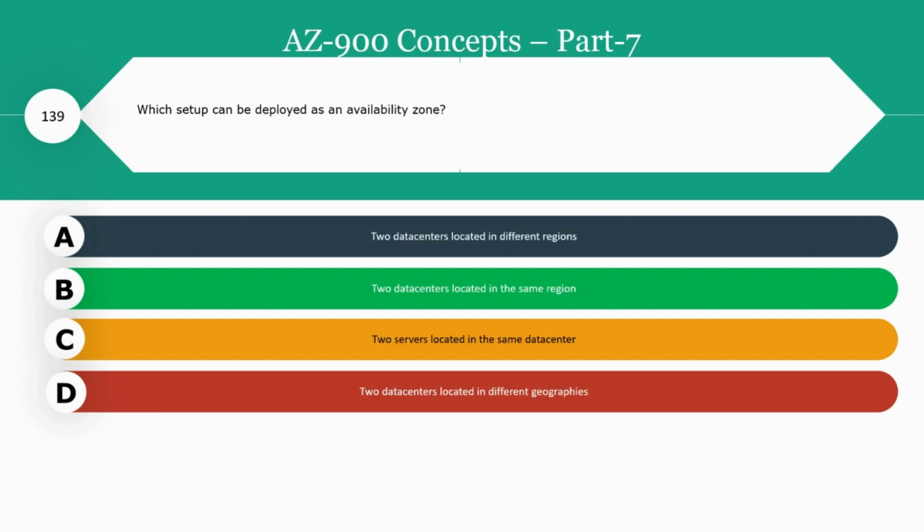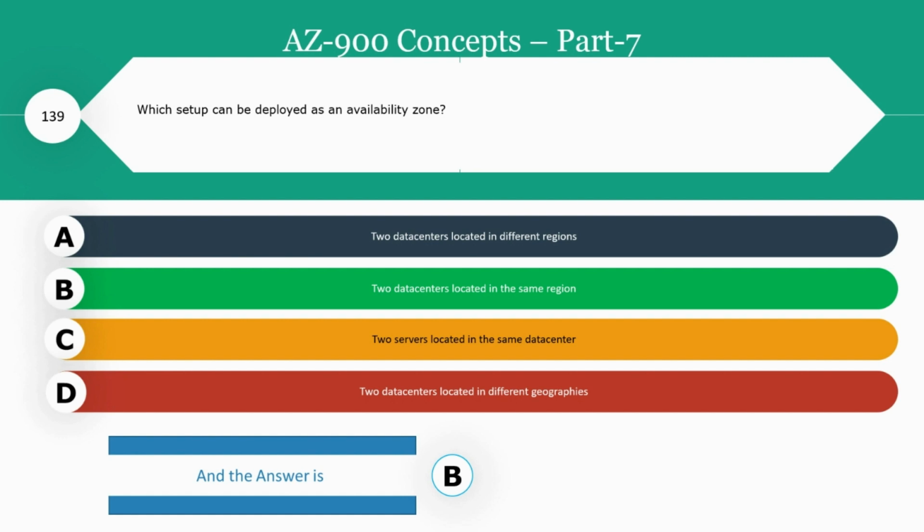Next question, which setup can be deployed as an availability zone? Option A, two data centers located in different regions. Option B, two data centers located in the same region. Option C, two servers located in the same data center. Option D, two data centers located in different geographies.